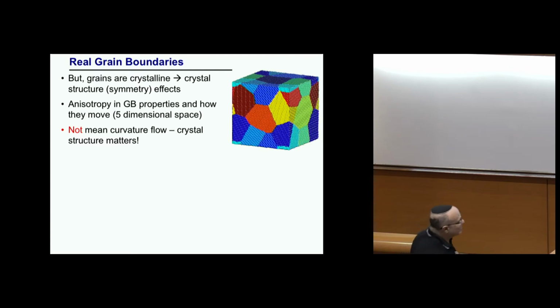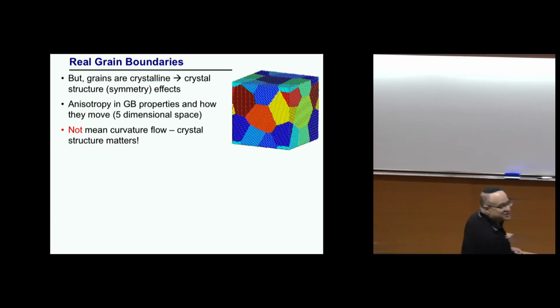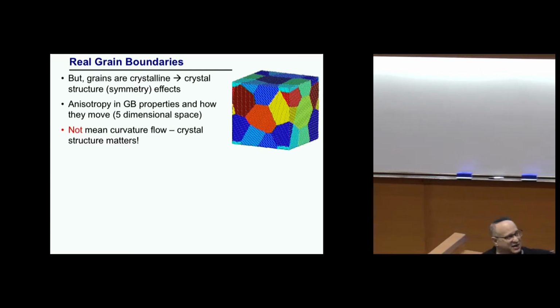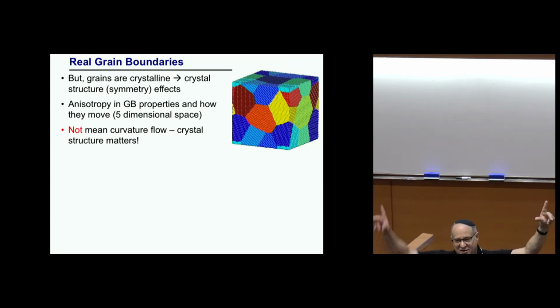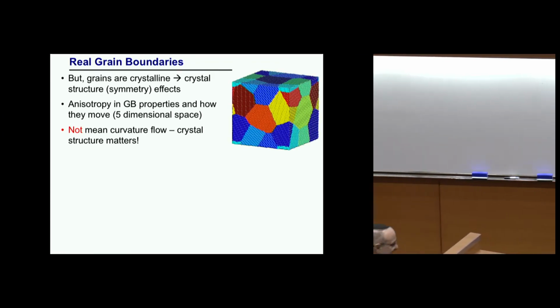And in fact, to describe a grain boundary, I need 5 degrees of freedom. So if I take 3 axes of a crystal here, 3 axes of a crystal here, if I keep this fixed and I rotate the other, there's 3 degrees of freedom. And then once I fix the relative orientation of the 2 crystals, there's a boundary plane, and the boundary plane has a normal, which has 2 components. So there's 5 degrees of freedom for a grain boundary.